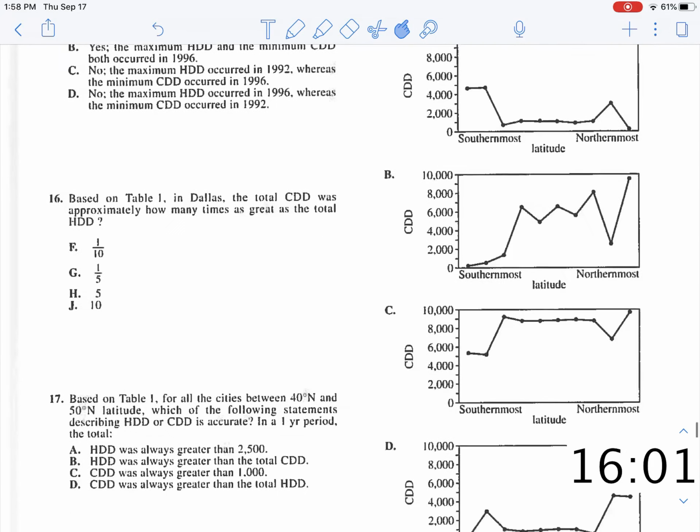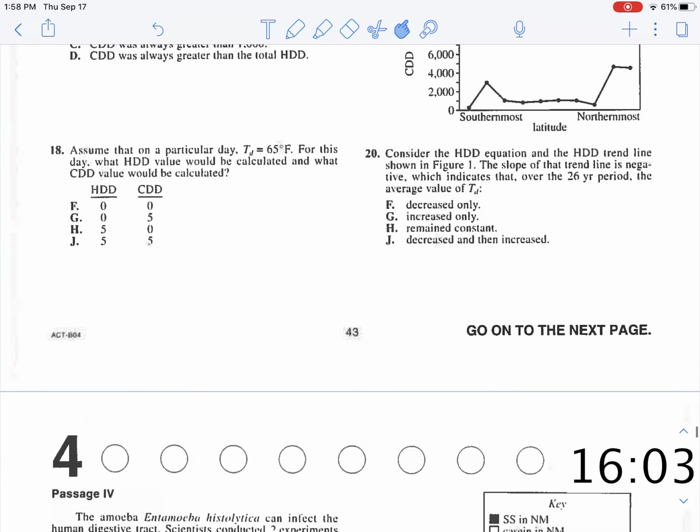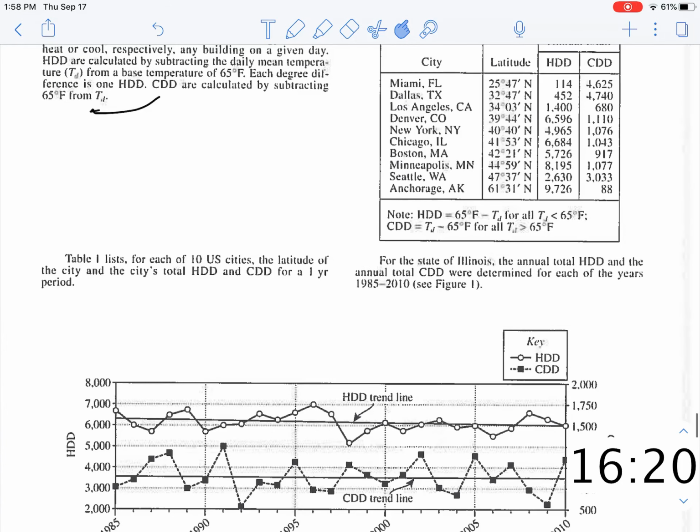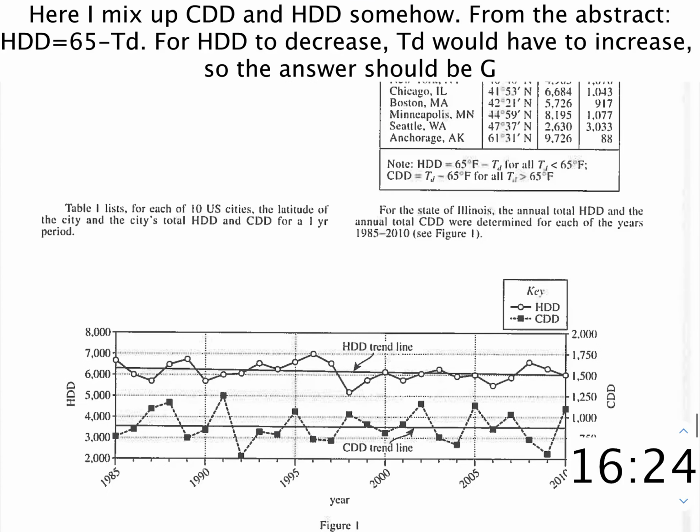Great. I'm not going to check that. 20. Consider the HDD equation, the HDD trend line. The slope of that trend line is negative, which indicates that the average value of Td remains constant. What is Td? Is that the daily temperature? Oh. Okay, so CDD is Td minus 65.